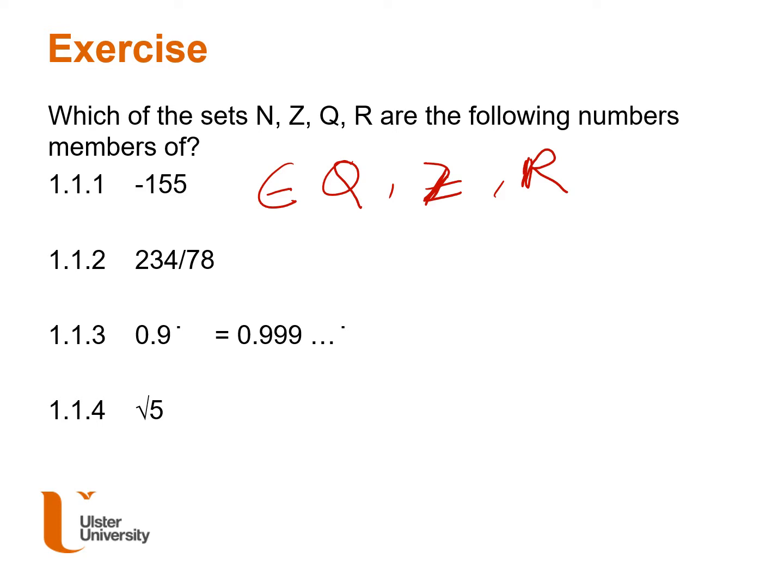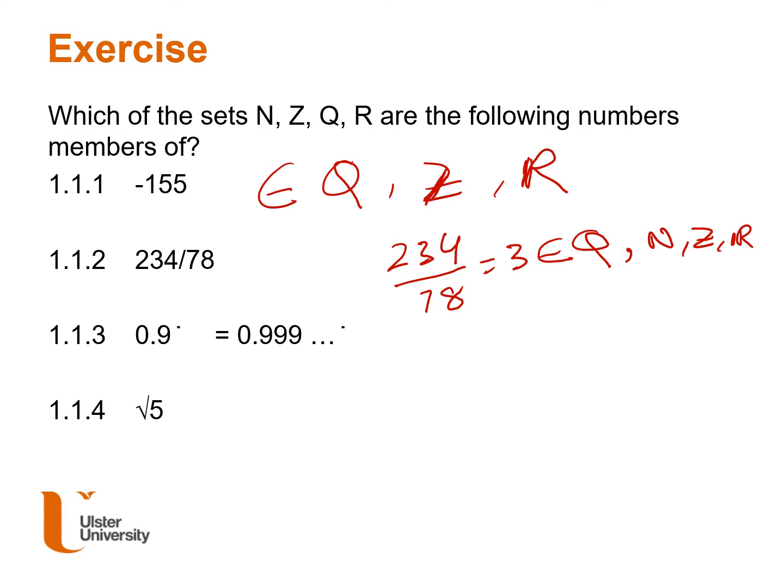The second one is 234 divided by 78, which is equal to 3, and it is a member of the rational numbers, natural numbers, integers, and real numbers.